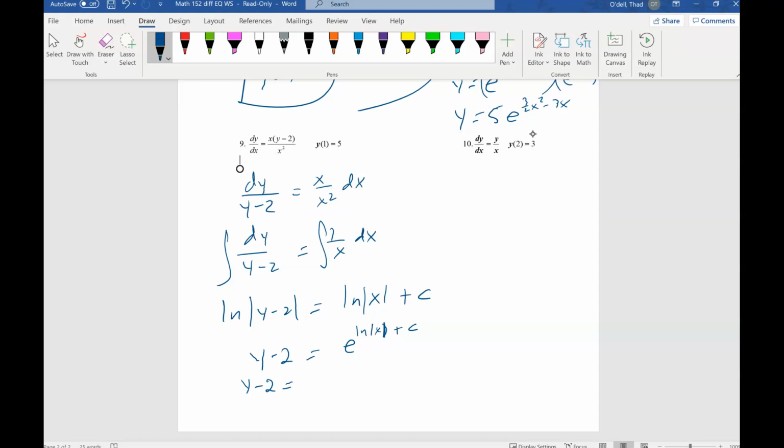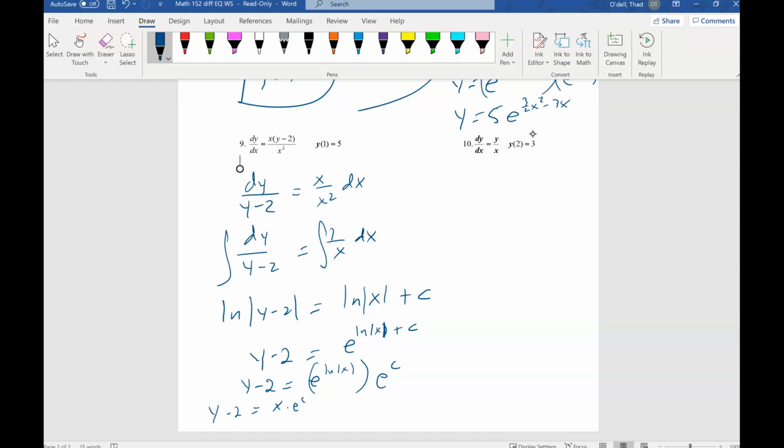That would be e to the ln x times e to the c. And of course, e to ln x is just x. So then we'd have y minus 2 is equal to x times e to the c.